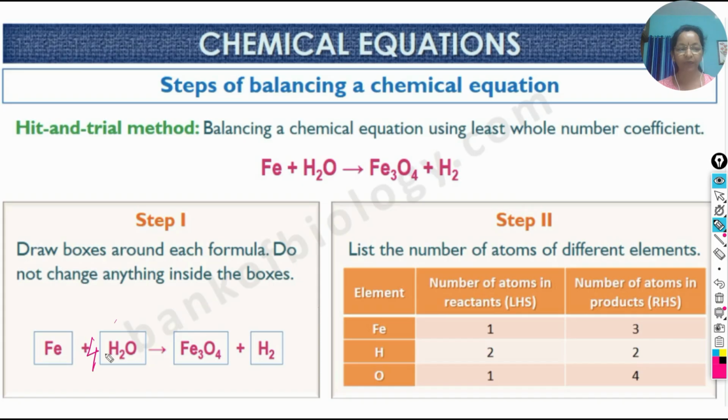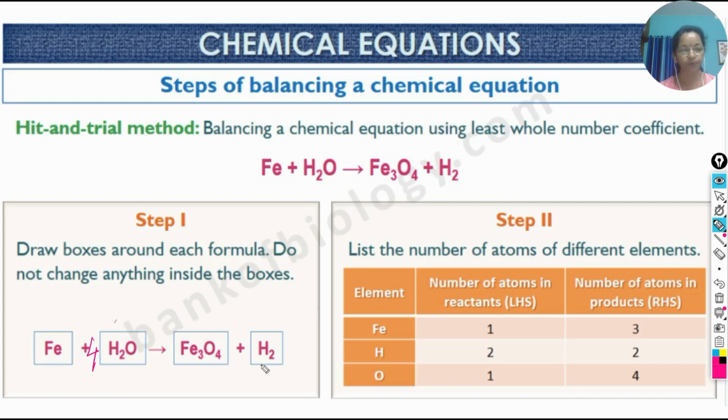That means now we have 8 hydrogen and 4 oxygen. So now the oxygen is balanced, right? 4 oxygen on the LHS and 4 oxygen on the RHS. But what happened? The number of hydrogen has changed. How many hydrogen atoms are there? We have 4 into 2, 8 hydrogen on the LHS, but we have only 2 hydrogen on the RHS.